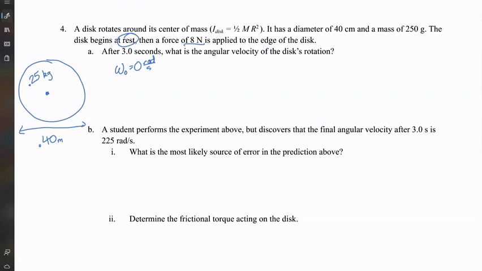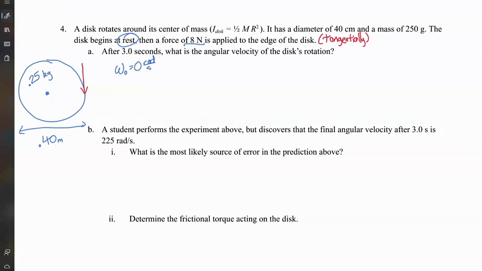I should rephrase this: it's applied tangentially, which is even more clear.